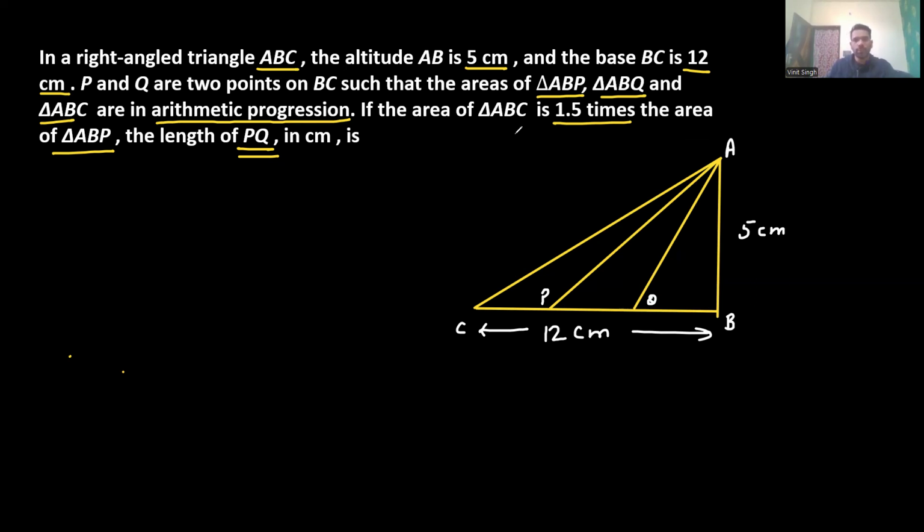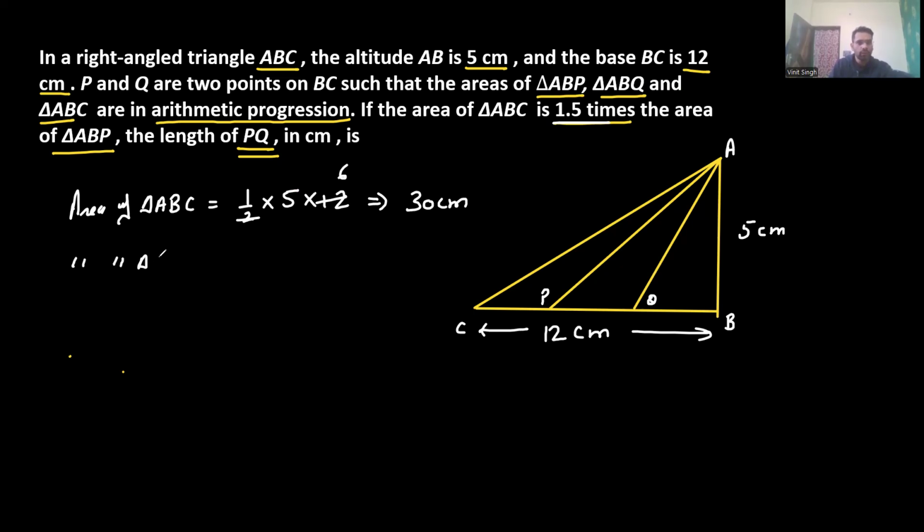First of all, the area of triangle ABC is 1 by 2 into base into height. Height is 5, base is 12, so it is 30. The area of ABC is 1.5 times the area of triangle ABP.